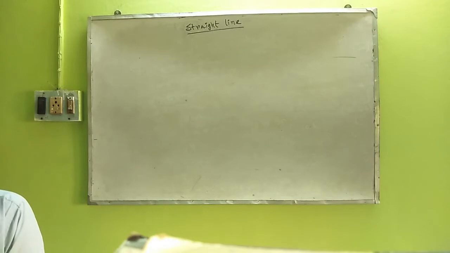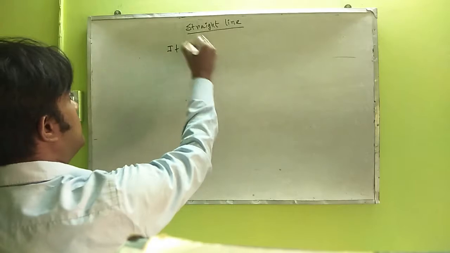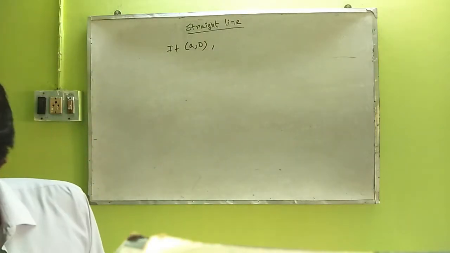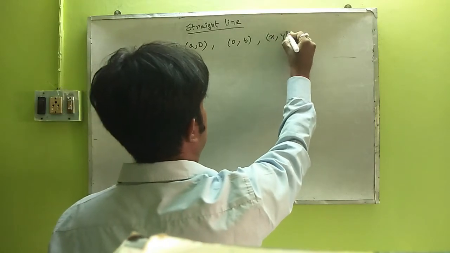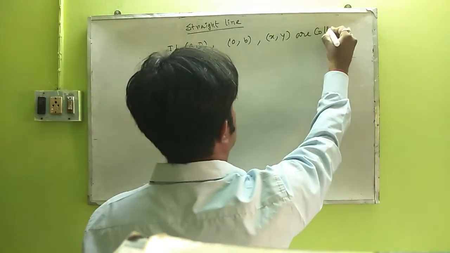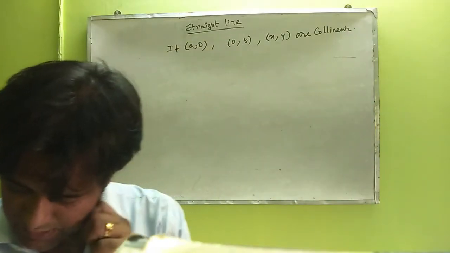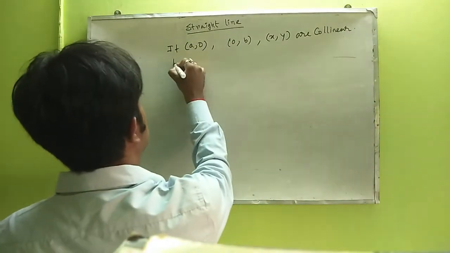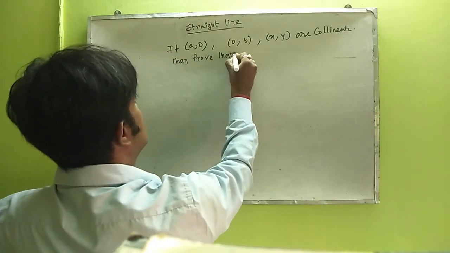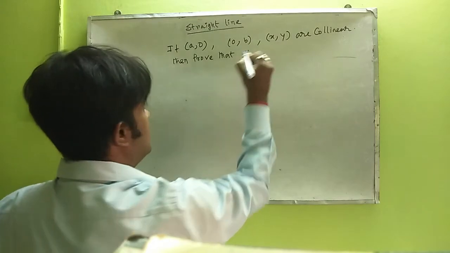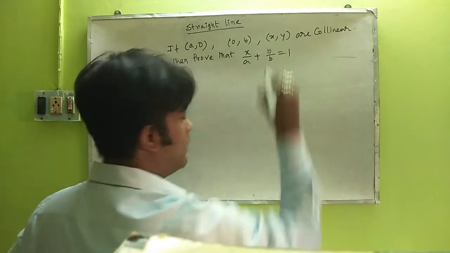The question is: if A comma 0, 0 comma B and X comma Y are collinear, then prove that X by A plus Y by B is equal to 1.